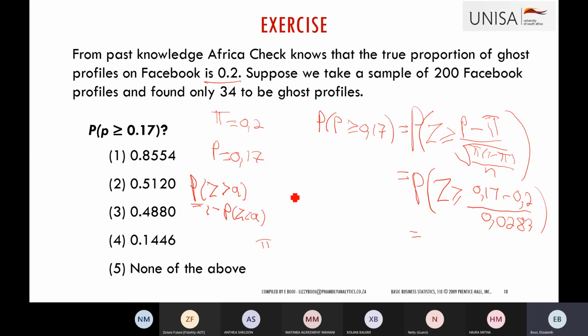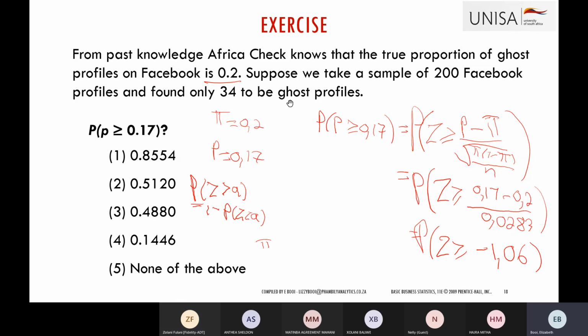So Z greater than 0.17 subtract 0.2 equals minus 0.03, divided by 0.0283 equals minus 1.06.